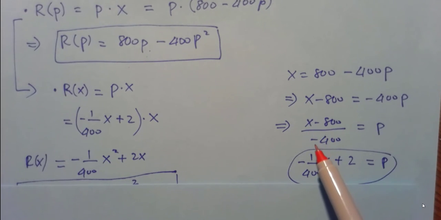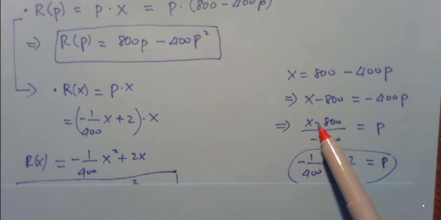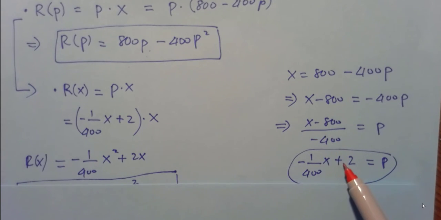X divided by minus 400 is minus 1 over 400 x. Minus becomes plus. 800 divided by 400 gives me 2. So that is the expression for P in terms of X.